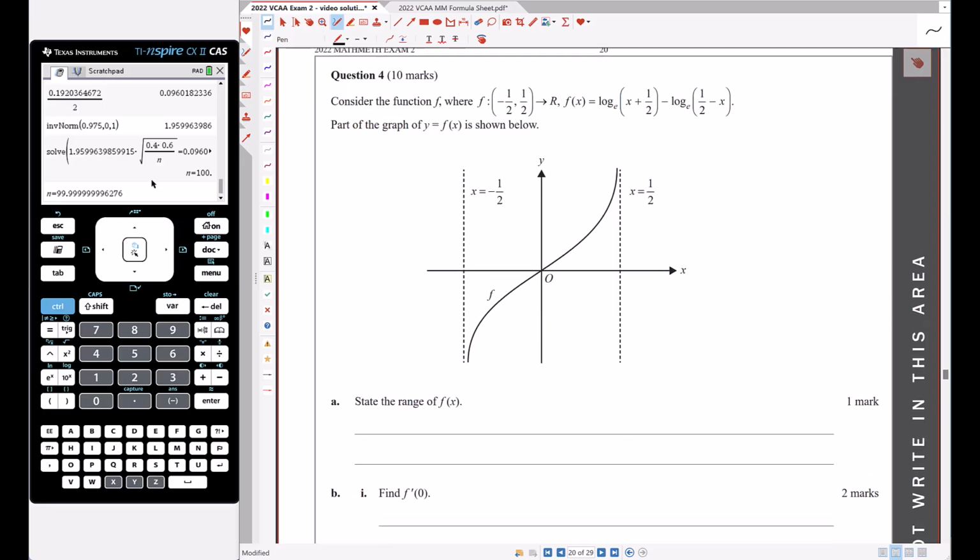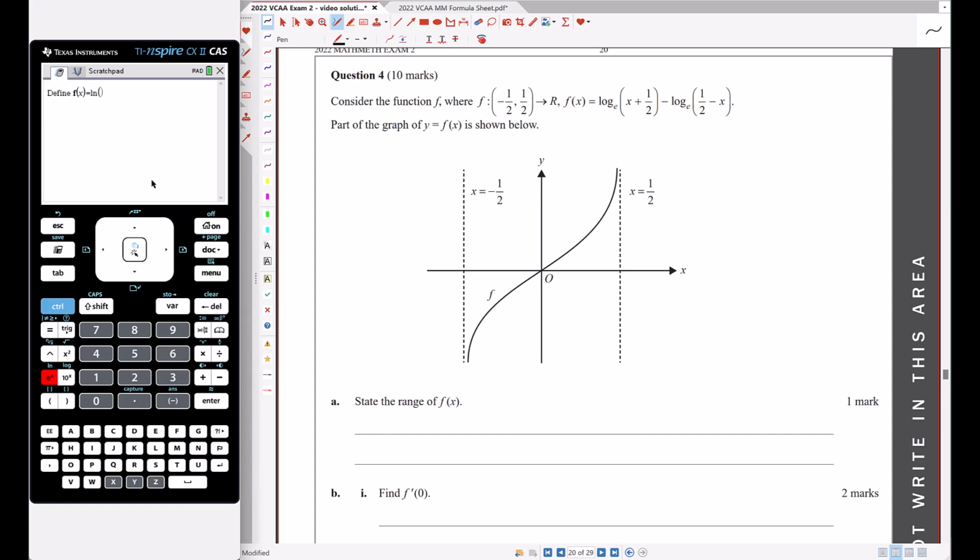Okay, so question 4. Consider the function f, where this is f here, so we've got a function. Let's just clear things here. Let's define our new function. Not going to worry about the domain in the function definition.